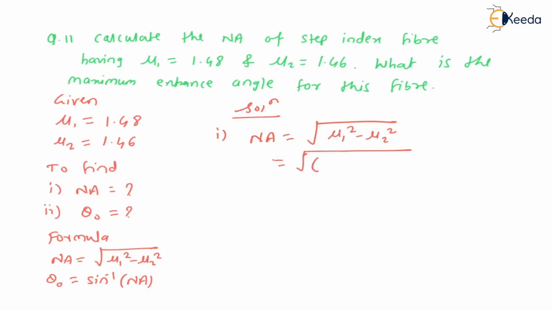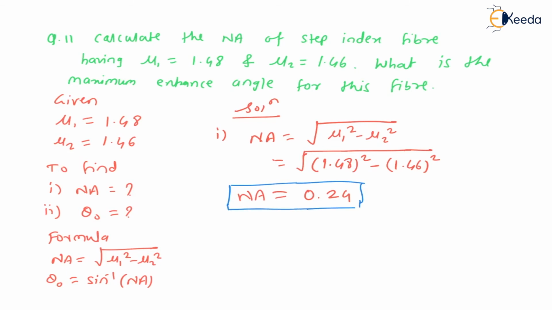The value of mu1 is (1.48) square minus (1.46) square. By doing the calculation, we'll have the value of numerical aperture as 0.24. So this is the value of numerical aperture for this particular given optical fiber.